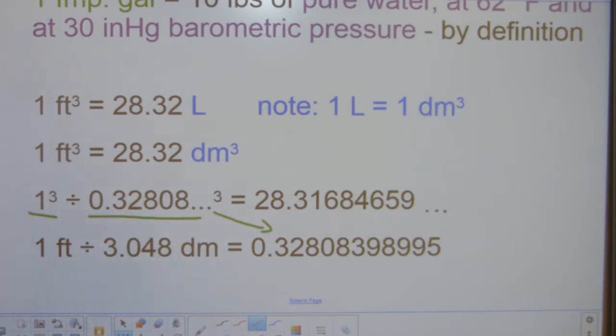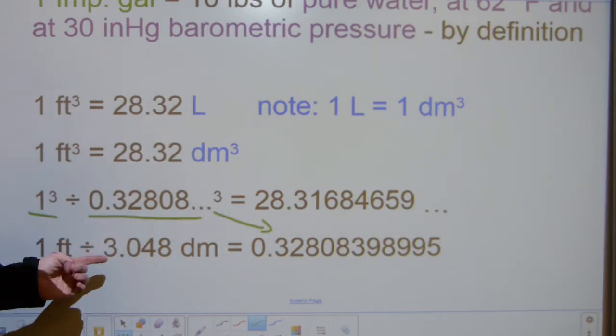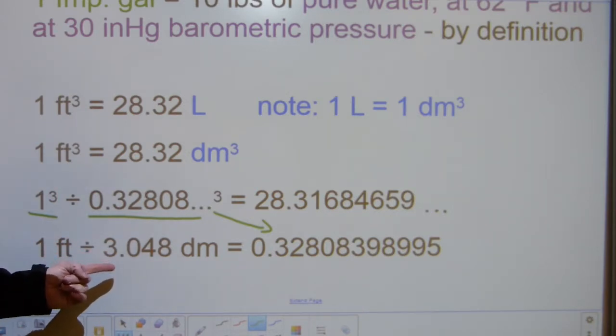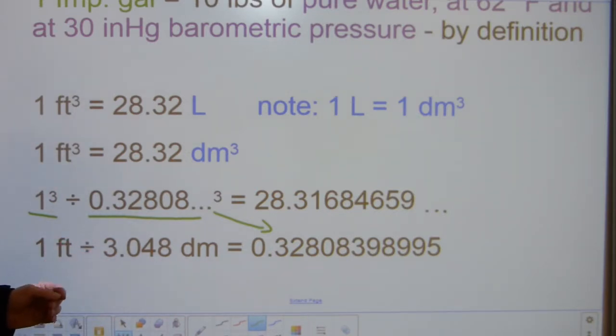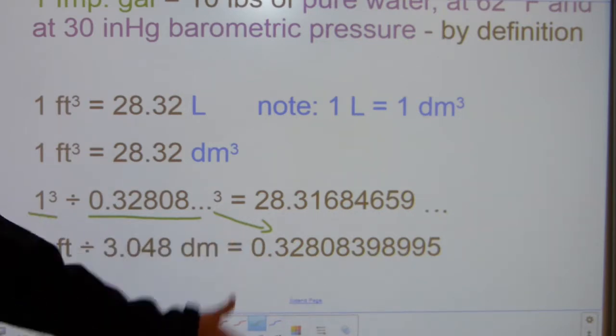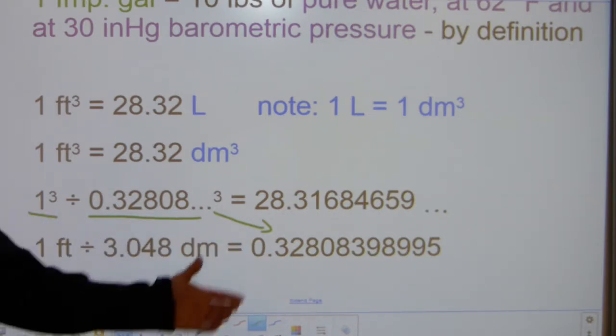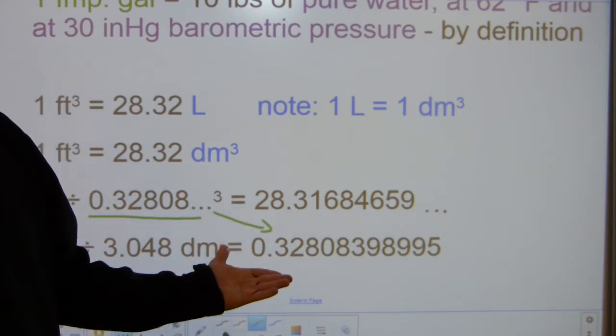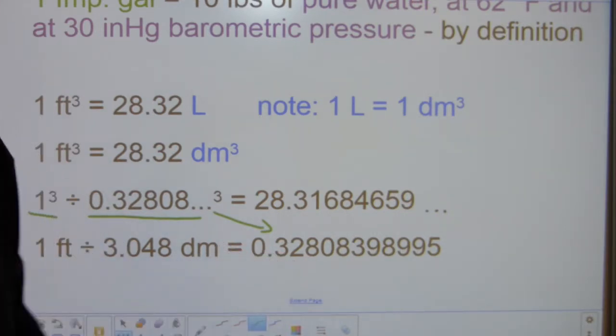So if 1 foot is being divided by this 3 decimeter, this is the length of a foot in decimeters, you will get a number: how many times the decimeter fits into a foot, or the length of a decimeter expressed in feet. It's about 4 inches. It's a little less than 4 inches, and 4 inches is a third of a foot. So this is a little less than a third of a foot.